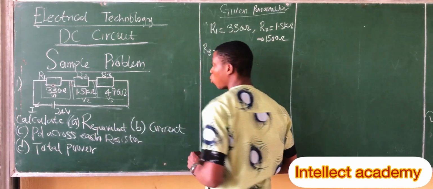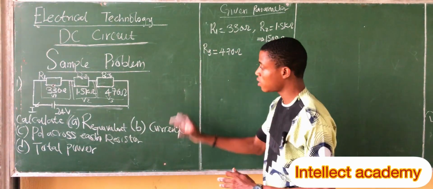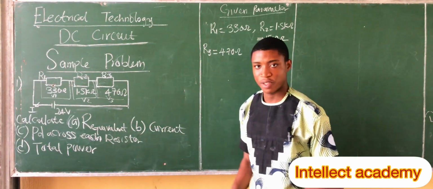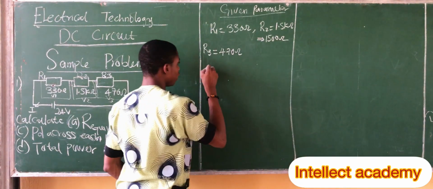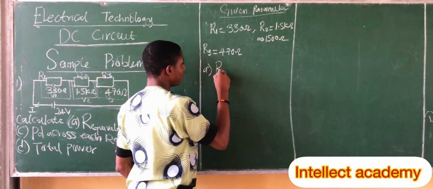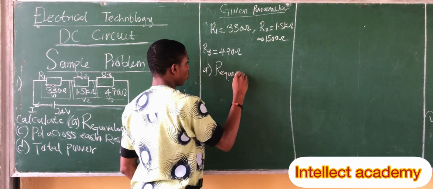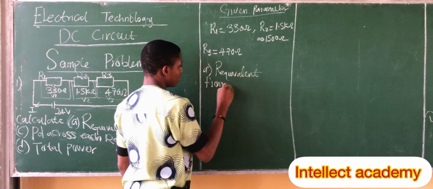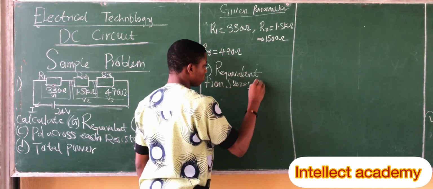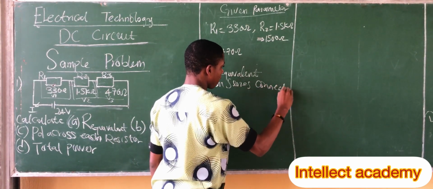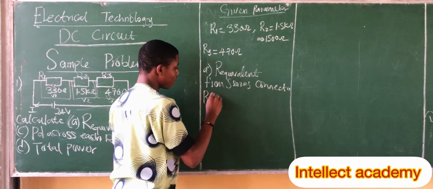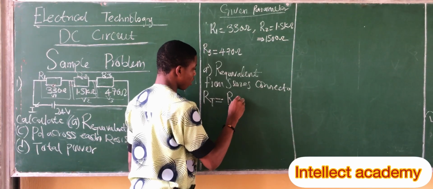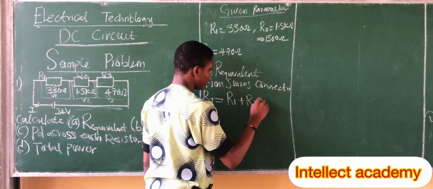So now, what is the formula for a series connection for the equivalent resistor? For us to find this, we have A, we're looking for the R equivalent. From series connection, R_T, which is the total resistance, is equal to R1 plus R2 plus R3.